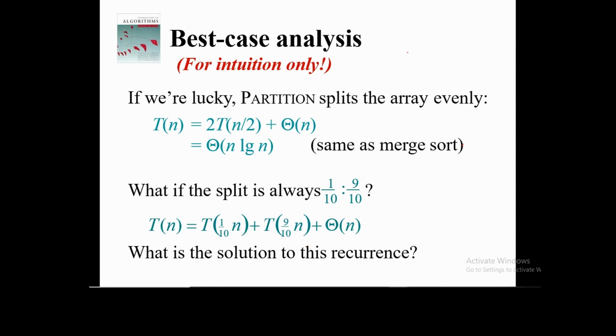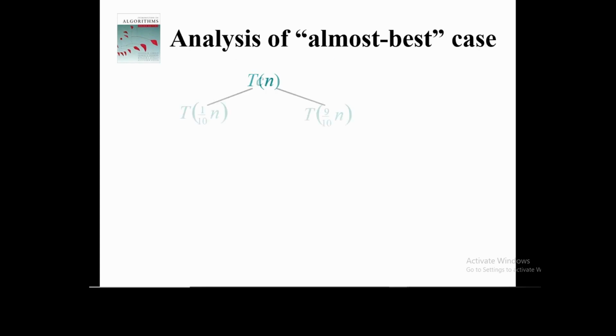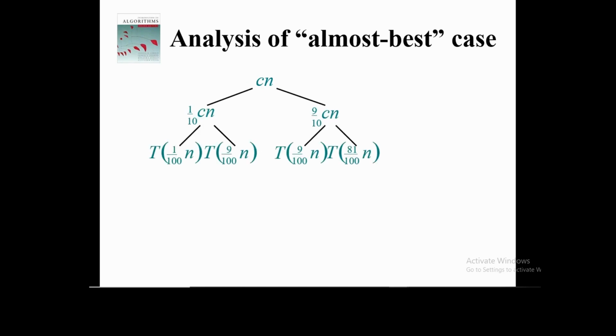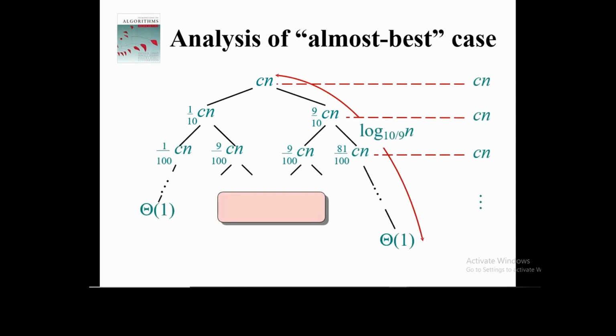Now we can solve this one using the recursion tree method. So T of n will become Cn, with T of 1/10n and 9/10n. Then it will further divide, up to the base case. You can see here we are having two sides of the problem. This is the larger problem, so it will decompose later into theta of 1. So we'll calculate the height of the tree from this branch only.